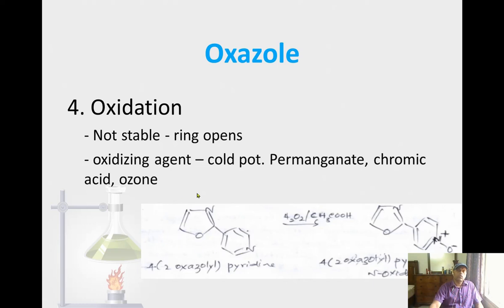For pyridine, its attachment is from its fourth position, with the pyridine nitrogen as position 1, then 2, 3, 4, and attached from its fourth position to the second position of oxazole. So 4-(2-oxazolyl)pyridine reacts with hydrogen peroxide and acetic acid.